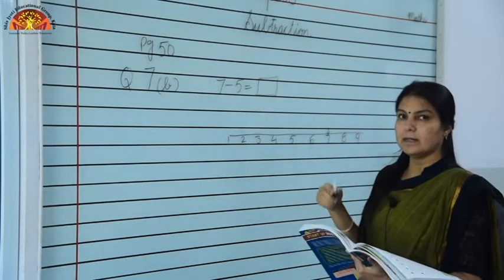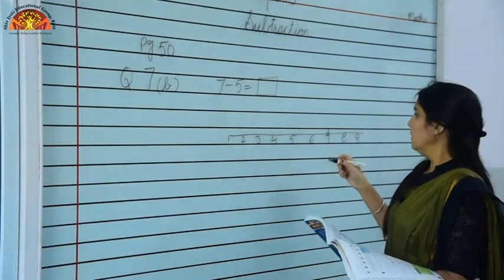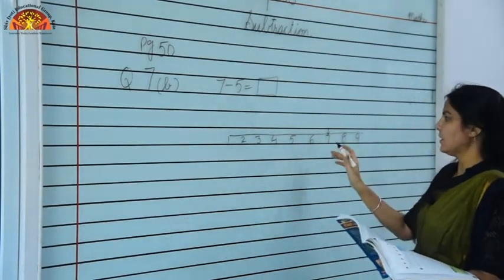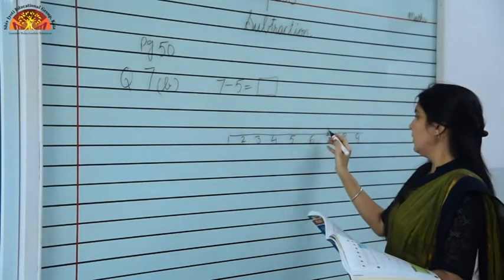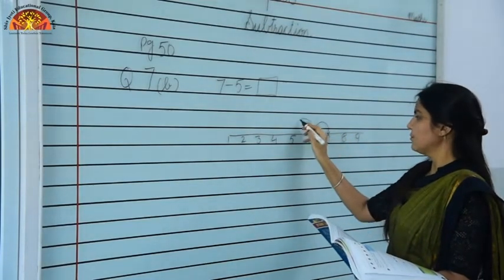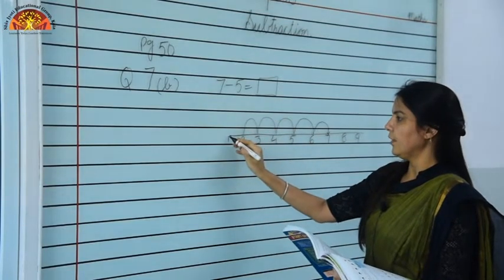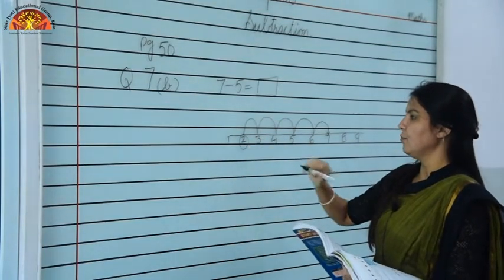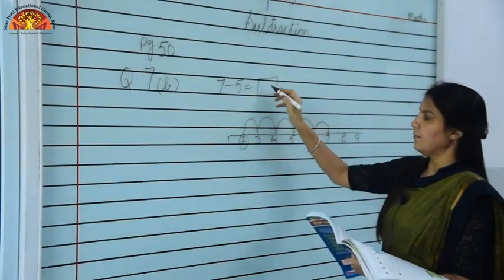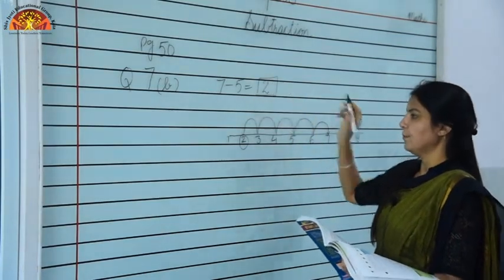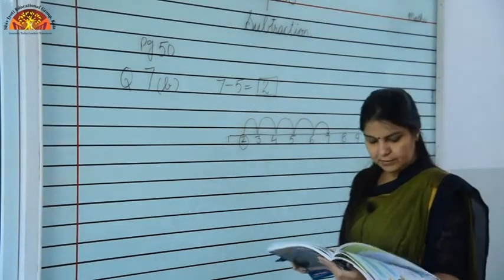Now start taking steps from the back and move 5 steps from 7. This is 1 step, 2 step, 3, 4 and 5. Where do we reach? At 2. So 7 minus 5 is equal to 2. I hope you have understood, children.